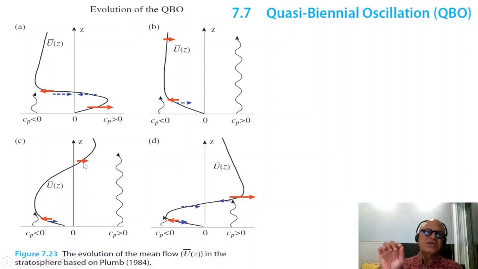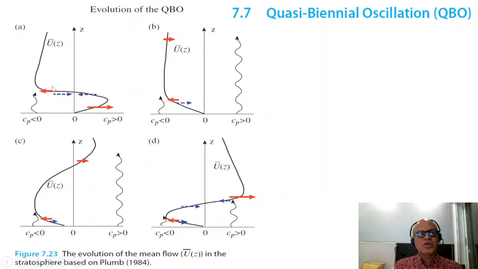So it's not just the basic state altering the waves, but the momentum transfer from the waves altering the basic state and bringing you back to this way to completely reversing the shear. Now you're going from easterly to westerly. So U bar z here is positive, it's negative here.